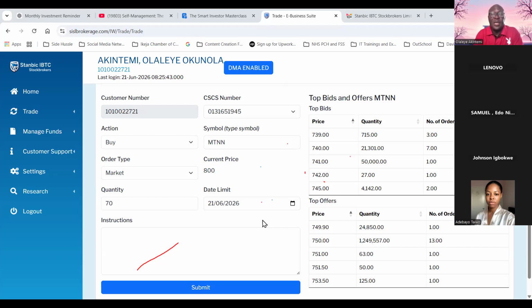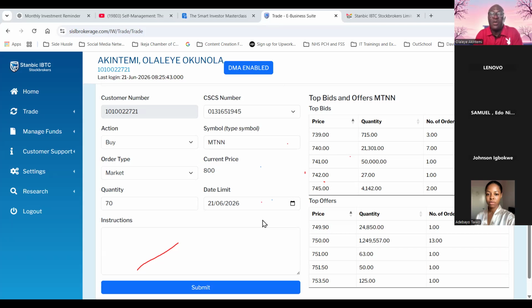So if you bid at 751 naira for 100 units, it is only 63 units that will be sold to you at 751 naira.